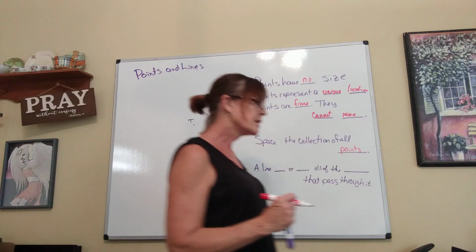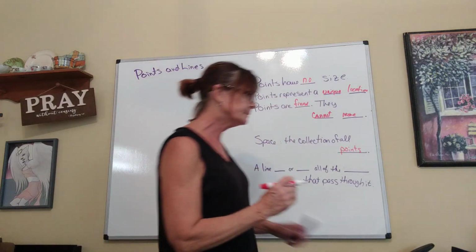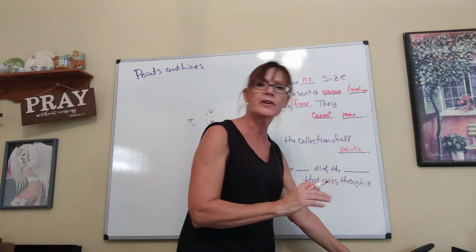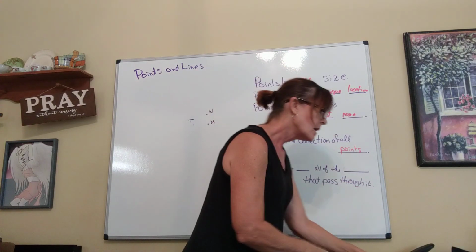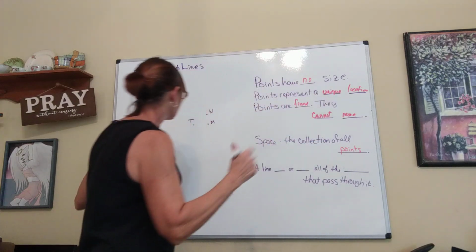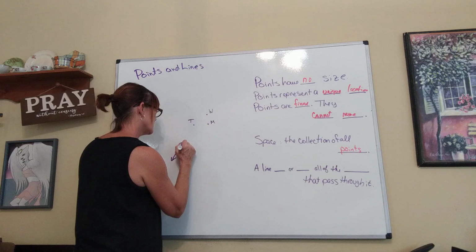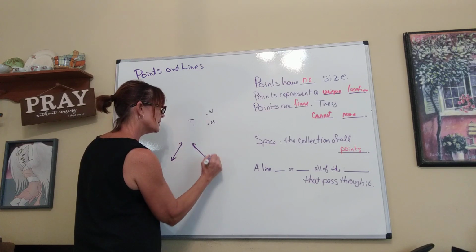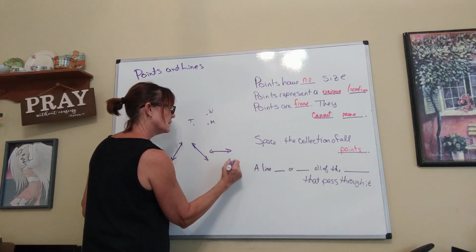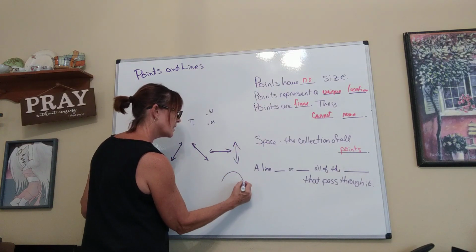Okay, then the next thing we're going to talk about is lines. I know you've heard of a line before, but this is how we draw a line. This is what it would look like. This is a line. This is a line. This is a line.